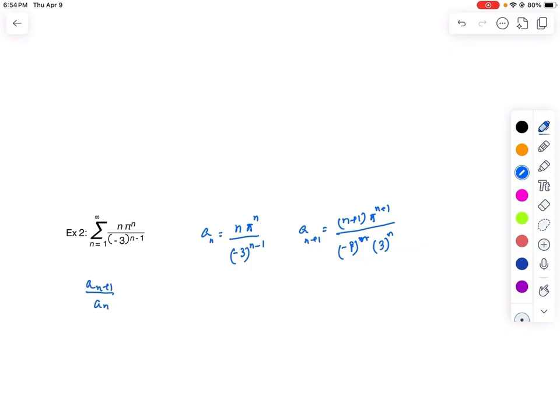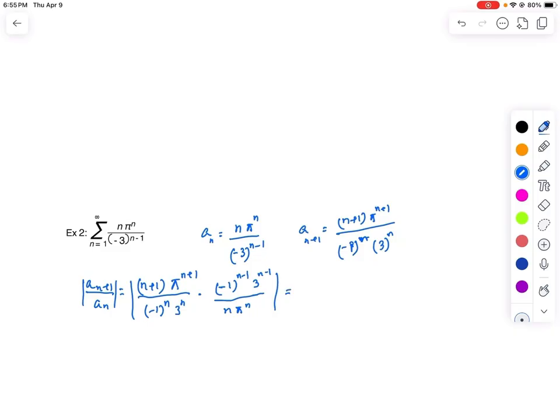So now the absolute value of a_(n+1) over a_n is equal to n plus 1 times pi raised to n plus 1, whole divided by negative 1 raised to the power n and 3 raised to the power n, times the reciprocal of a_n, which will be negative 1 to the n minus 1, 3 to the n minus 1 over n pi to the n.